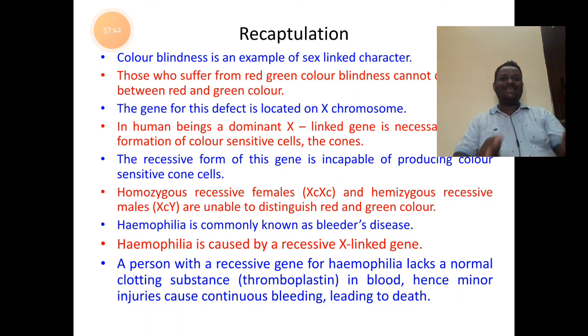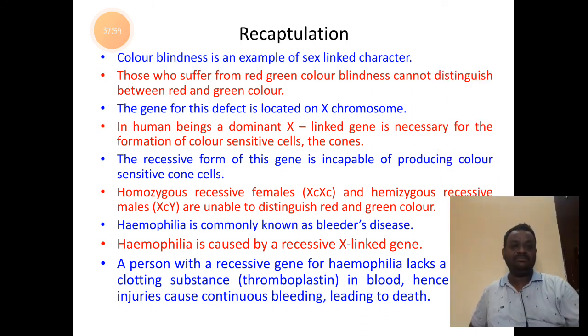The same pattern is seen in human beings with reference to color blindness as well as hemophilia. Color blindness is a sex-linked recessive character, where the affected individuals fail to differentiate between red and green. The defective gene is present on the X chromosome in the recessive condition. The dominant X-linked gene is responsible for the formation of color-sensitive cells called cones that can differentiate between red and green.